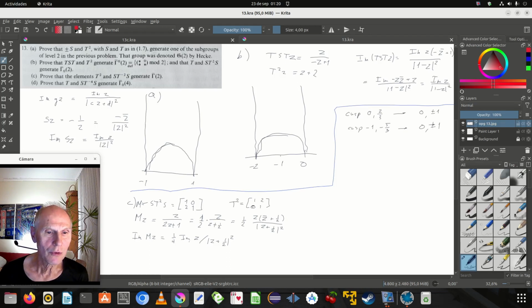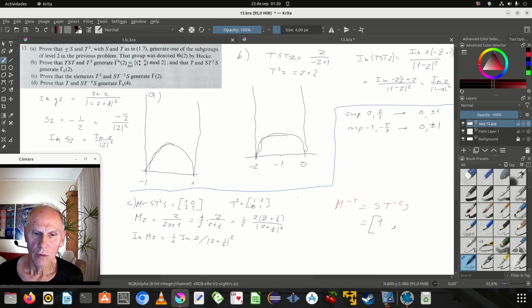And I could do that with this matrix, and then I wondered which one should I use for the other circle. And that's actually easy, because it's just the inverse matrix. 1, 1, 0, minus 2. And that will of course give the norm of z minus 1 here, and it has to be the same, and there's no problem there.